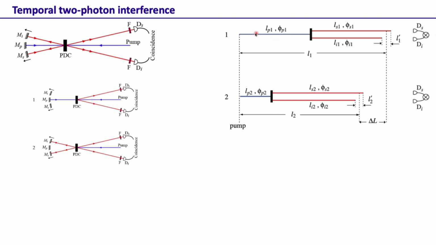So here we have these six different length parameters that usually get involved in any two photon interference. And I should also note that these diagrams are not really associated with this interferometer only. For any two photon interference, we can always represent it in terms of these unfolded two photon path diagrams.